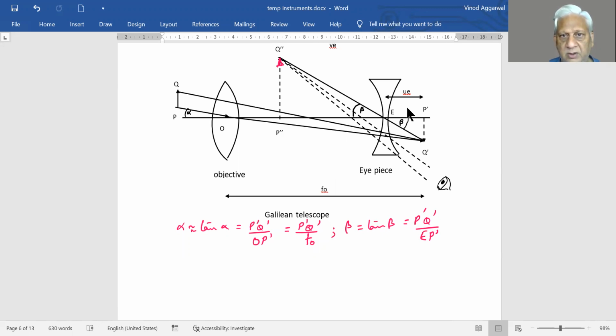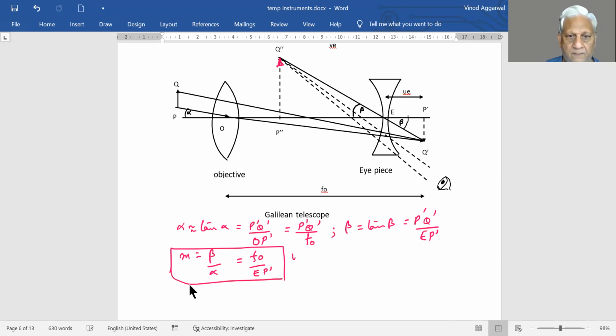EP dash is nothing but UE. So we can write magnification as beta by alpha. This is the magnification without any adjustment.